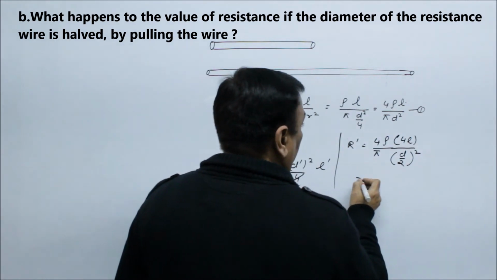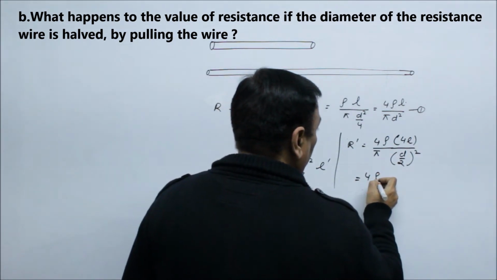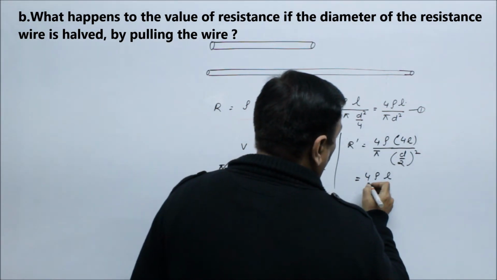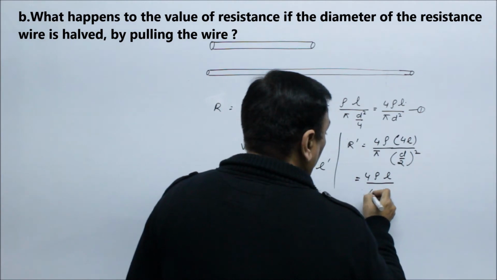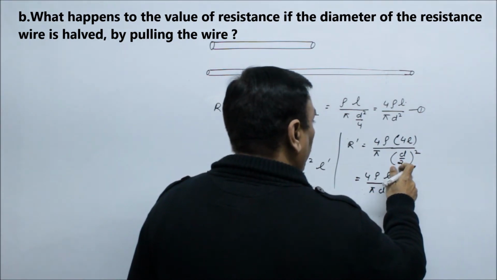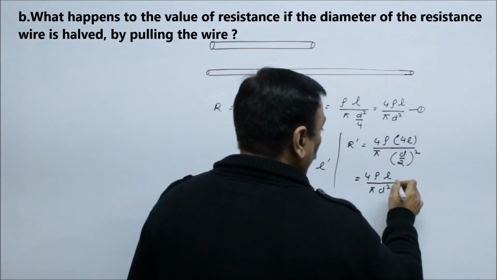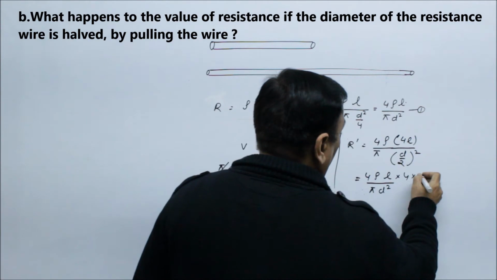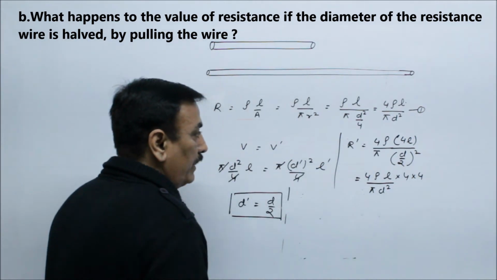So we get the expression 4 rho L, and over here pi D square. This 2 will go in the numerator, and the square of this will go in the numerator. That will be 4, and another 4 in the numerator. You will get 4 more. Let's check once again.